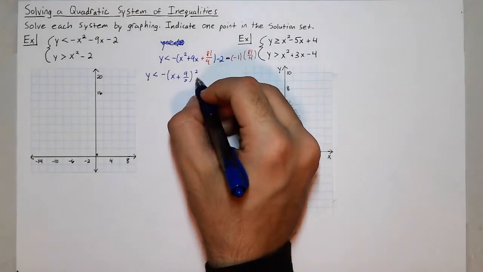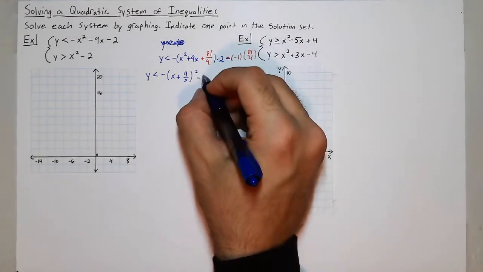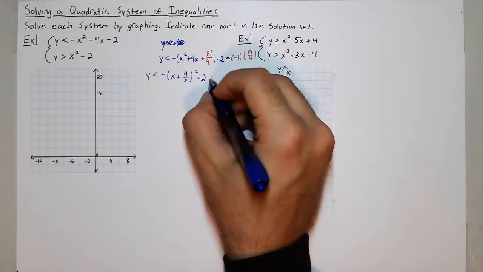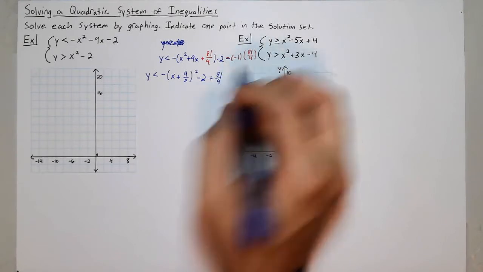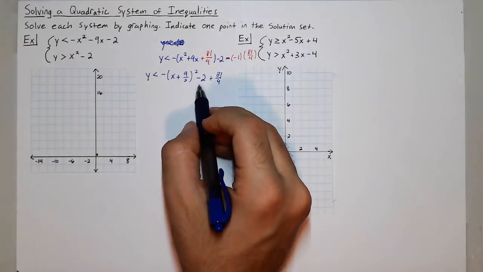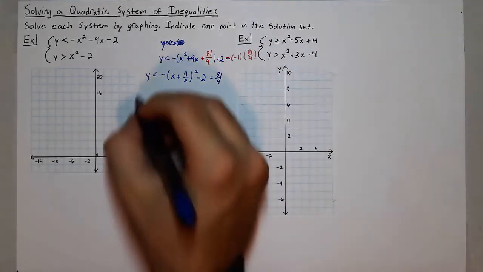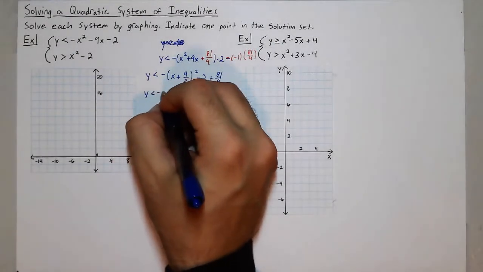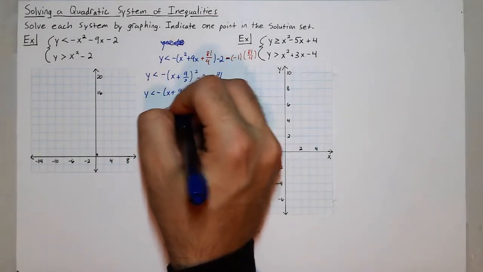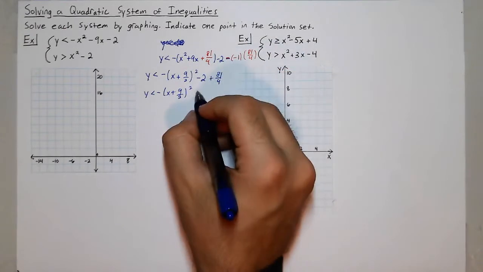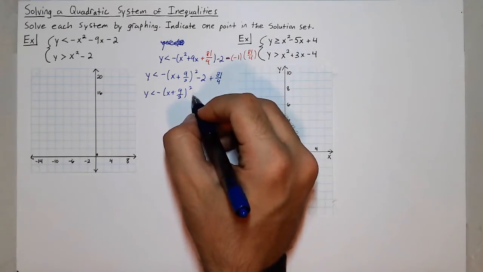And over here we have negative 2 plus 81 fourths, which we have to rewrite negative 2 as 8 fourths so we can find a common denominator, giving me y is less than negative of x plus 9 halves squared, and then plus 73 fourths.